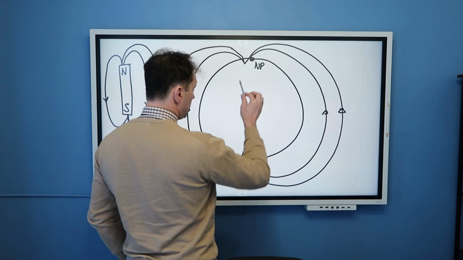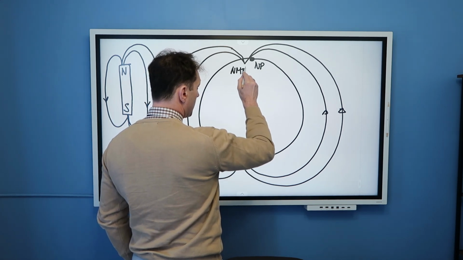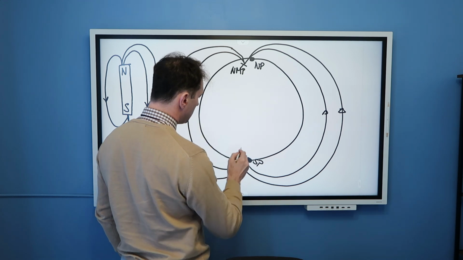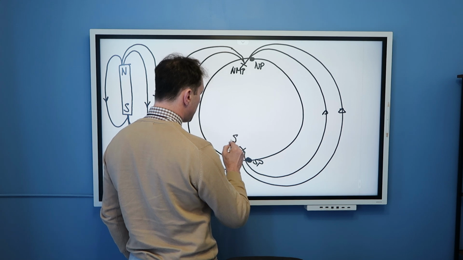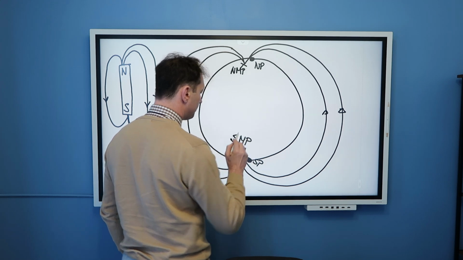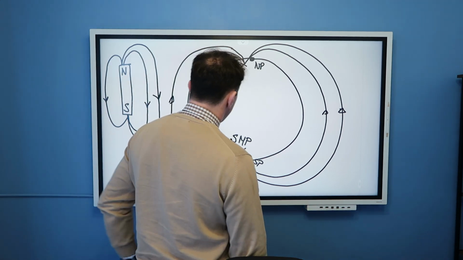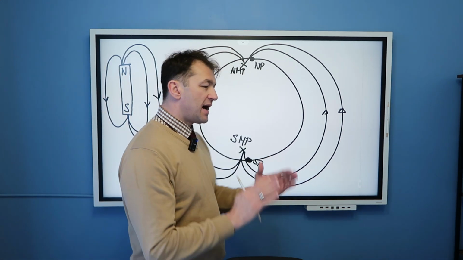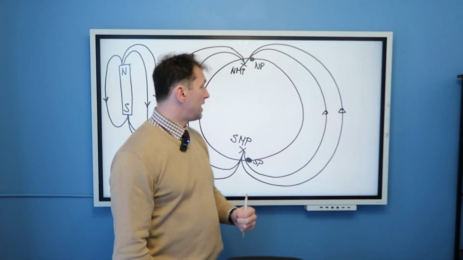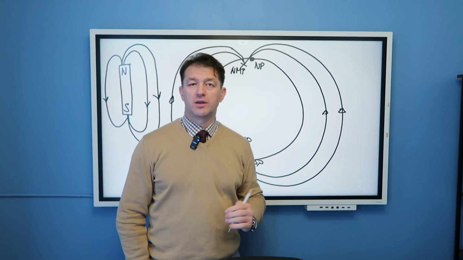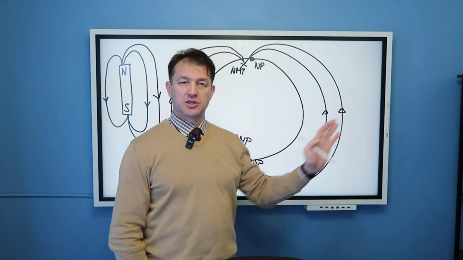So this point over here we call North Magnetic Pole, whereas this point over here we call South Magnetic Pole. And North Magnetic Pole is currently situated somewhere in north Canada, I think 86.5 degrees north and around 164 degrees east, but it is changing, it is moving.